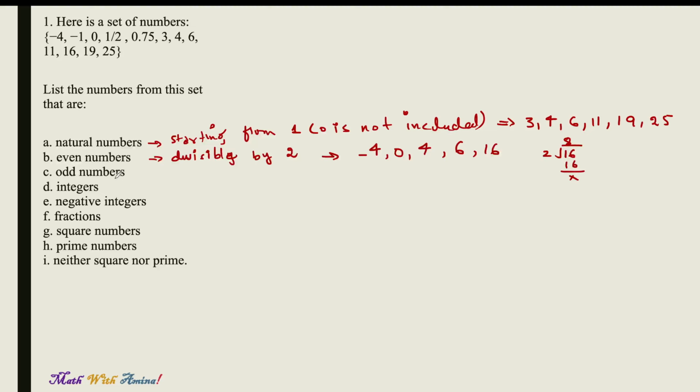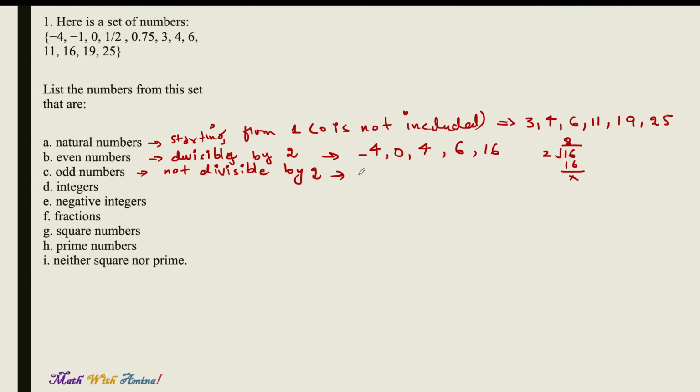The third one is odd numbers. Odd numbers are whole numbers that are not divisible by 2. So completely different from the even ones, not divisible by 2.